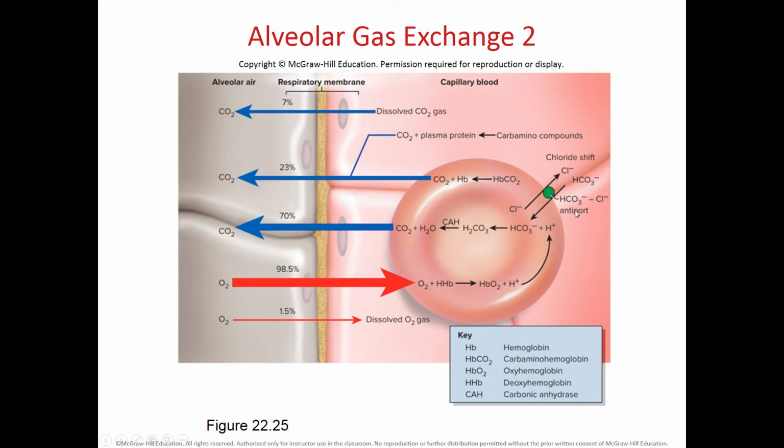So this bicarbonate that you brought from the plasma, you will combine it with these hydrogen ions, you will form again this carbonic acid, and through this enzyme, the carbonic anhydrase, you can break down this carbonic acid into water and CO2, and then 70% of the CO2 that you have from here will be going into the alveoli, and also the water at some point as vapor.